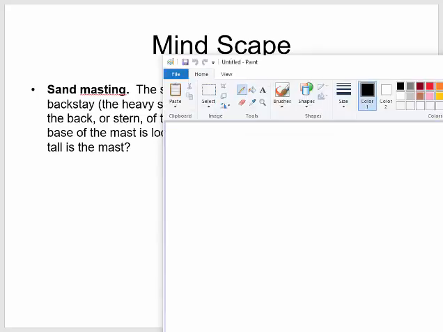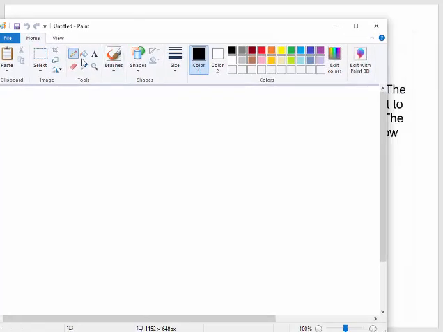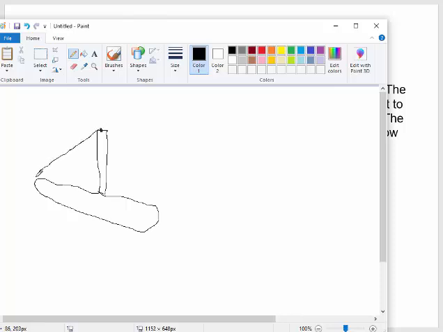Okay, so let me draw this to help. Forgive my very crude drawing here. This right here is supposed to be the mast of the ship. Here's the boat. This is a bad looking boat, but you get the idea. At the top of this, there's a cable that connects to the back of the ship.